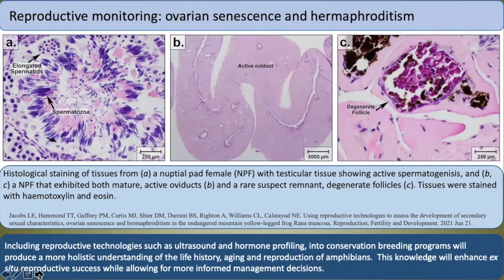What we have in A is basically a nuptial pad female that was a hermaphrodite and had fully developed seminiferous tubules with sperm in them, but also had ovarian tissue with degenerating follicles and an active oviduct. So these are really interesting things that we would have noted superficially on the outside, but had we not had these reproductive technologies to go in further, we wouldn't have noted.